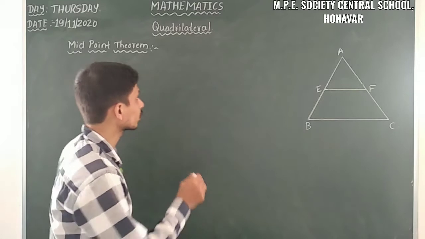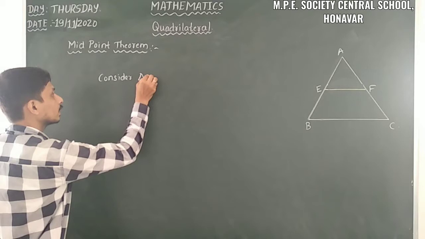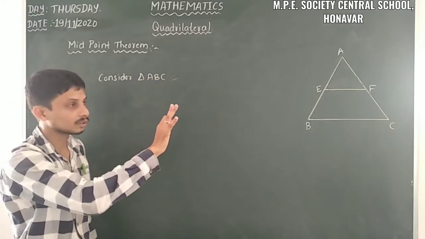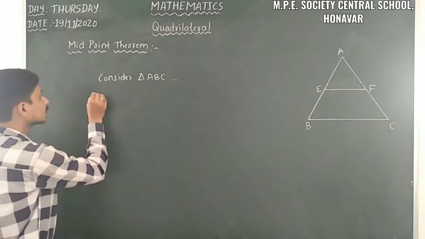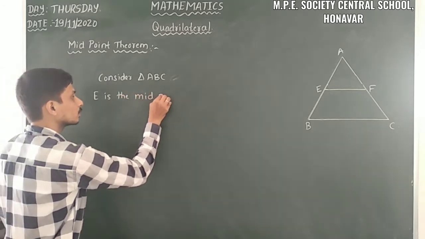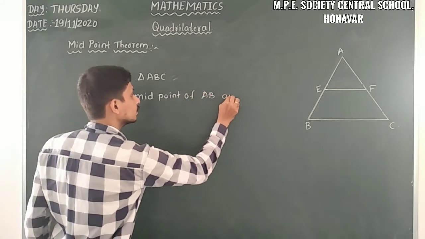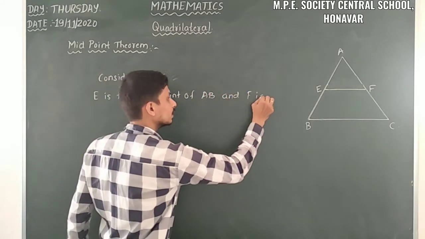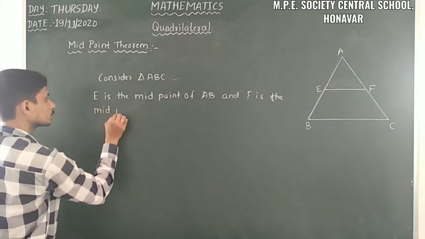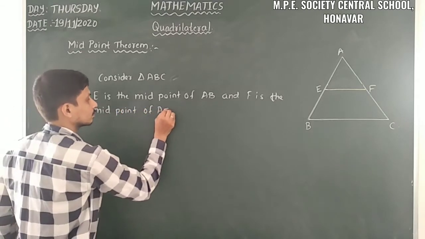So here consider triangle ABC. In triangle ABC we have to consider the triangle, and in that E is the midpoint of AB and F is the midpoint of AC.